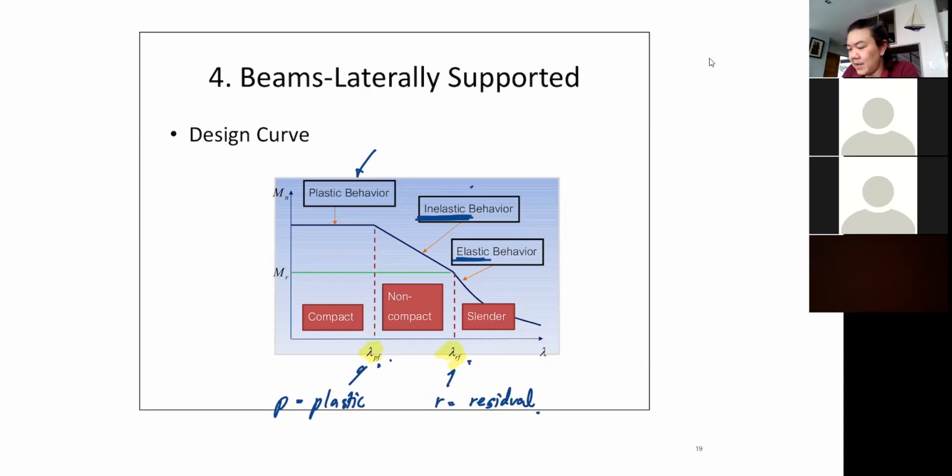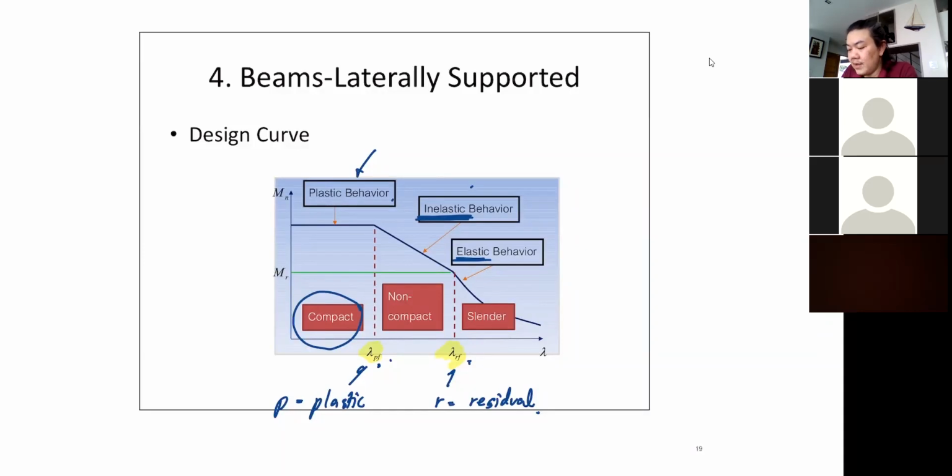And now this is the behavior. When the slenderness ratio of the element is less than lambda p, you have plastic behavior, and that element is called compact. That's the name.